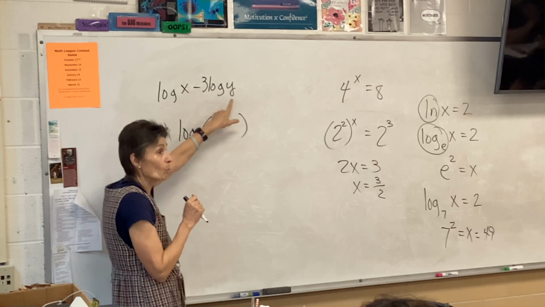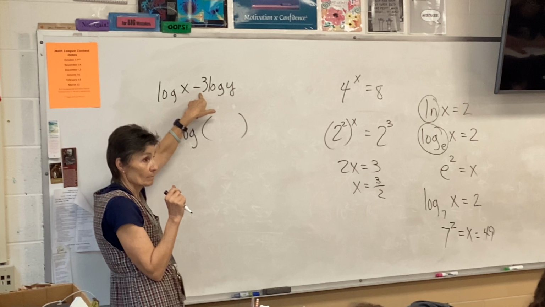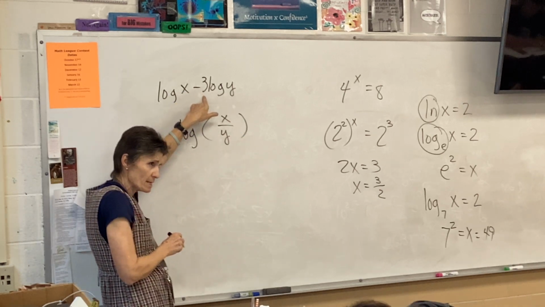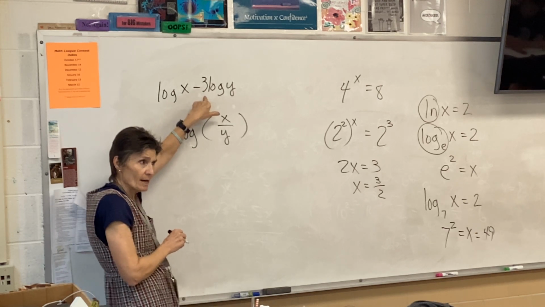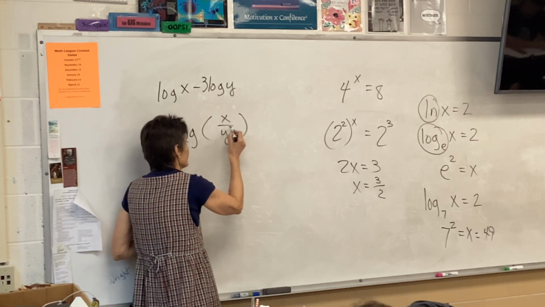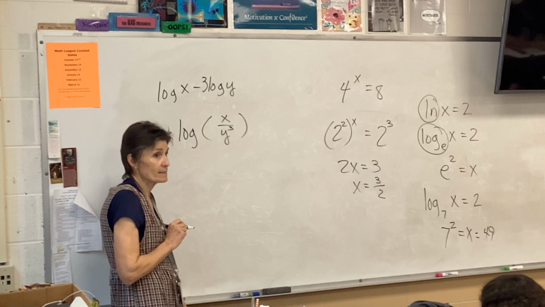So I have an X and a Y. What am I gonna do with the X and the Y? Divide. And I have this 3, which is going to be an exponent on the Y. And there's my answer. It's so easy if you know your rules.